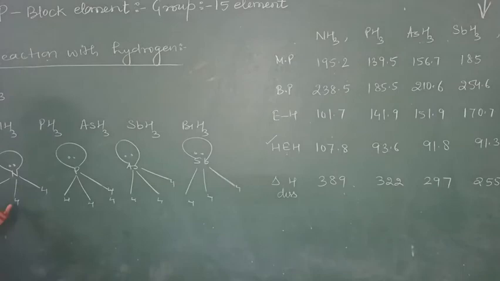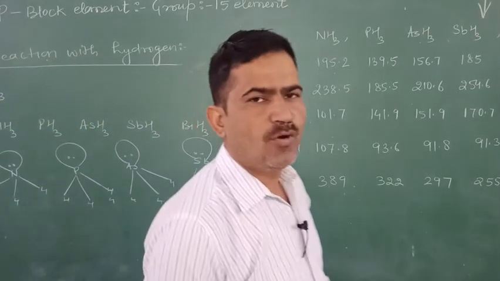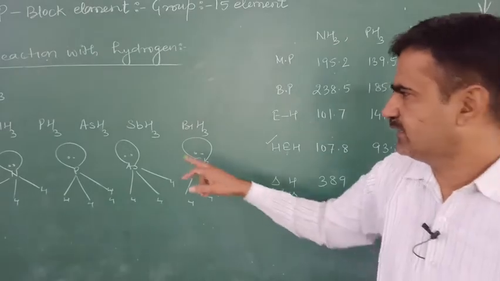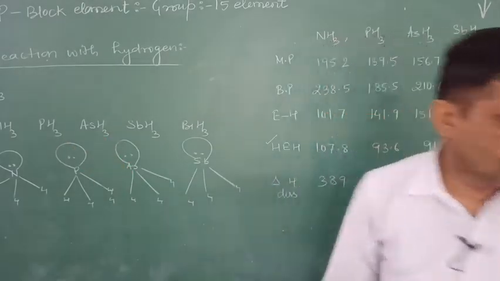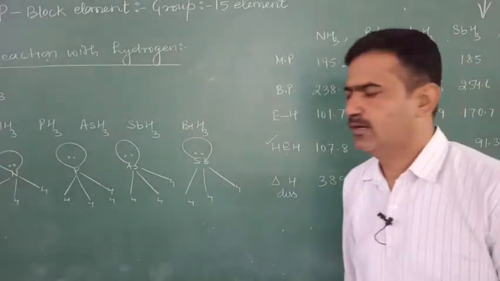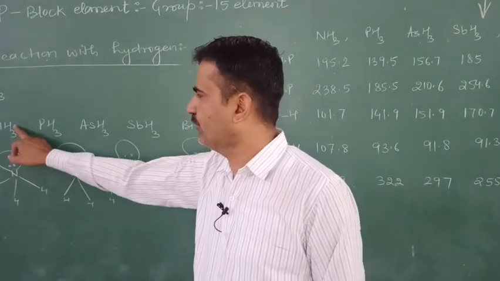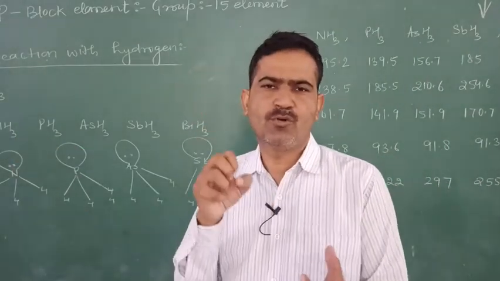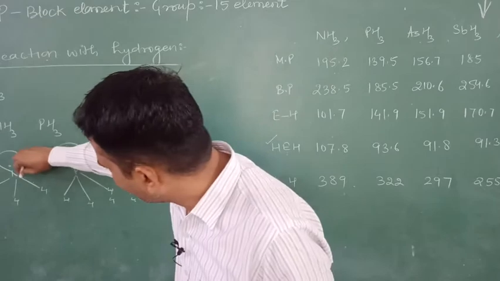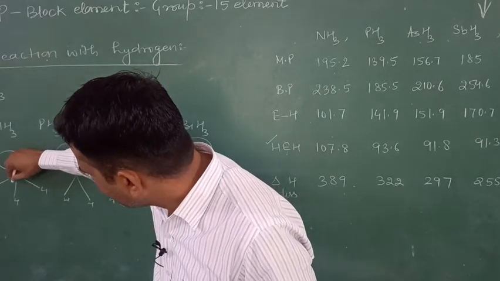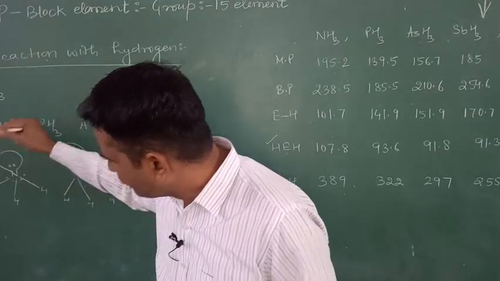Bond angle depends on the repulsion between the bond pairs. As you know, nitrogen has the highest electronegativity in the case of ammonia. So it attracts the bond pairs towards itself in the covalent bonds, and they lie very near to each other.